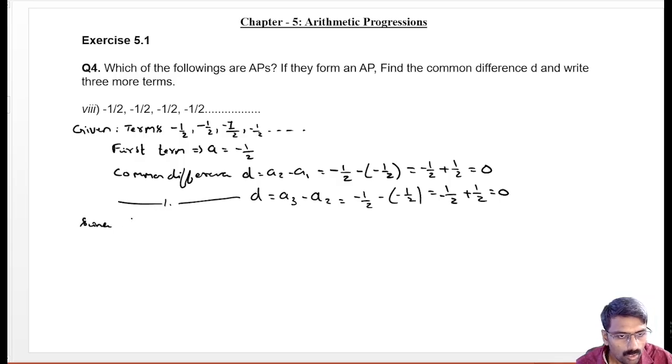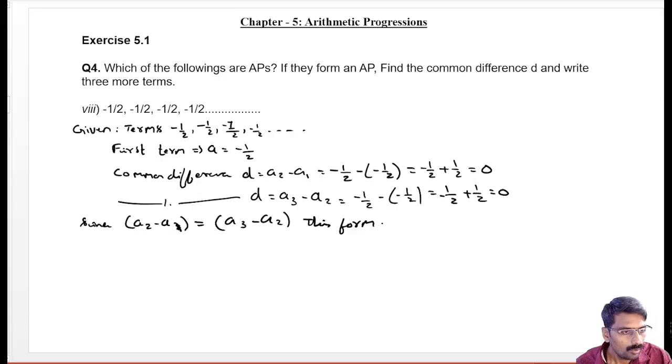Since a2 minus a1 is equal to a3 minus a2, this forms an AP.